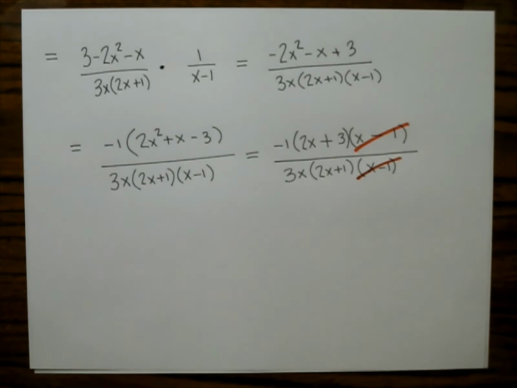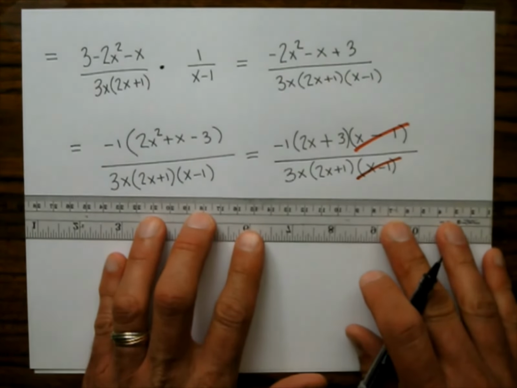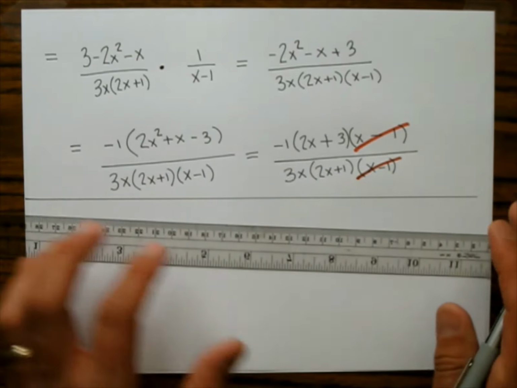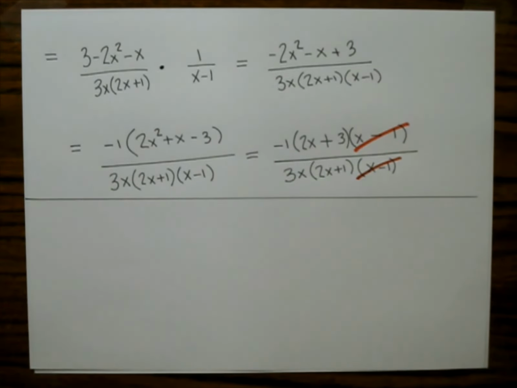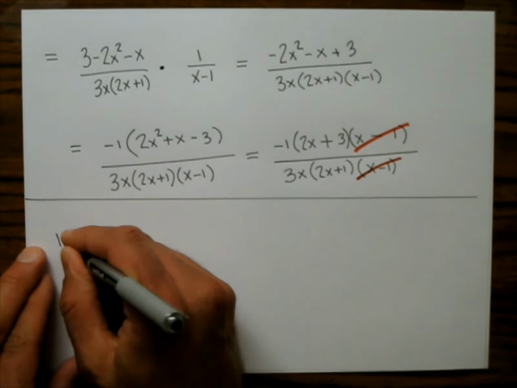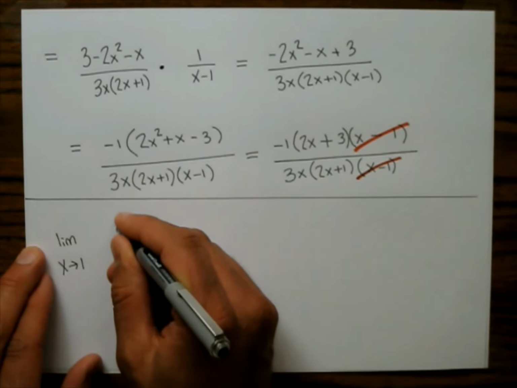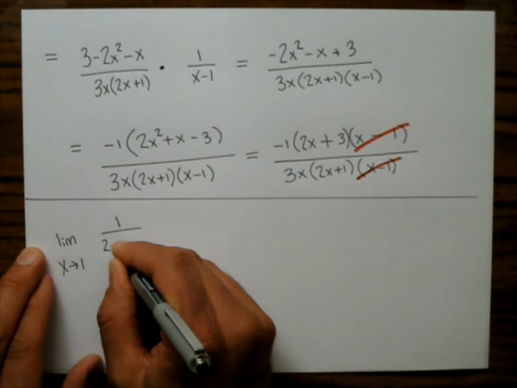And so now we're going to go back to our original problem. See if I can make a line again going across this paper. That's what I'll do. And the original problem was limit as x approaches 1 of this mess right here.